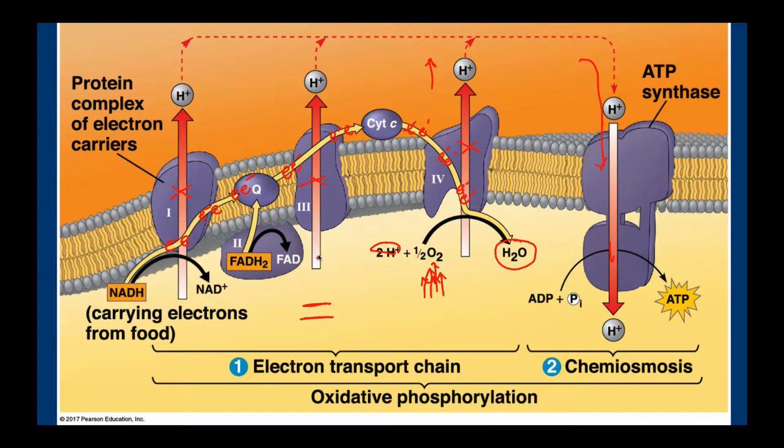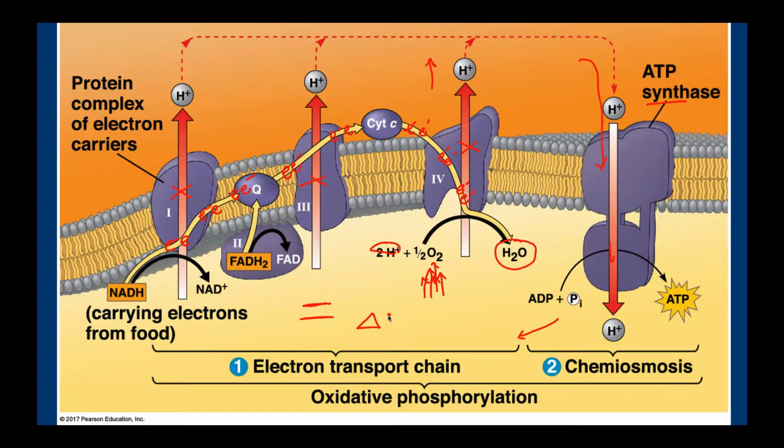Because if the protein complexes that are responsible for pumping those hydrogen protons cease, we won't be establishing a concentration or electrostatic gradient. We'll lose our high energy potential, and when the hydrogen ions then diffuse back through the ATP synthase channel back to the matrix side, we could end up getting at some equilibrium point.